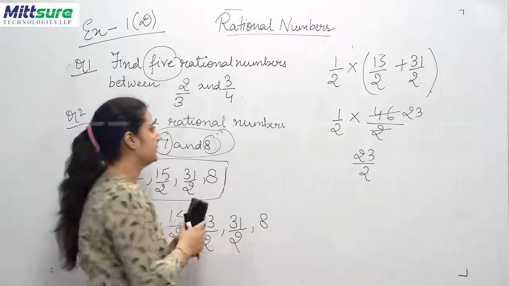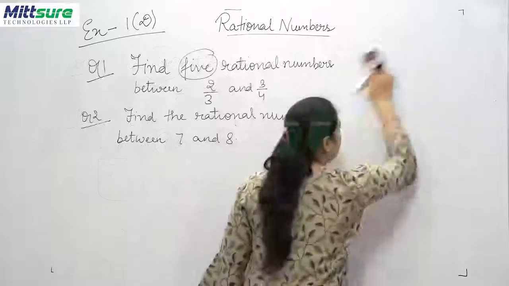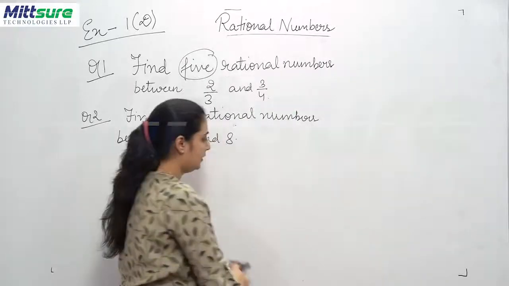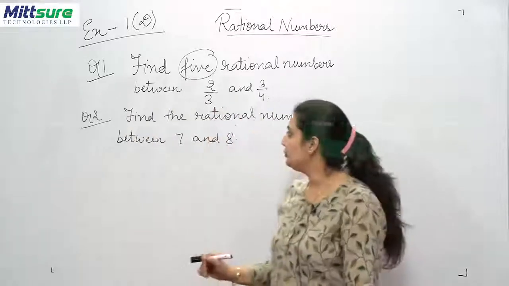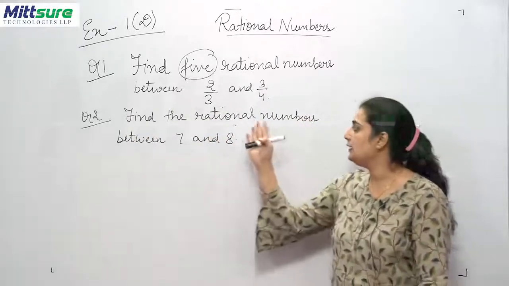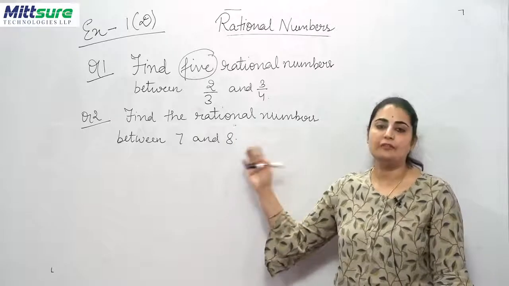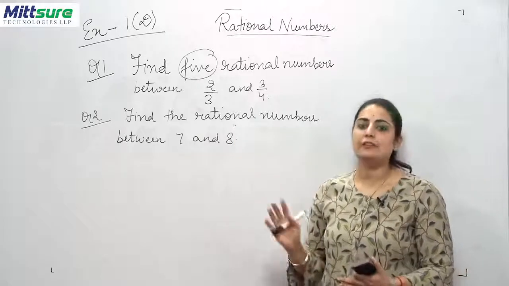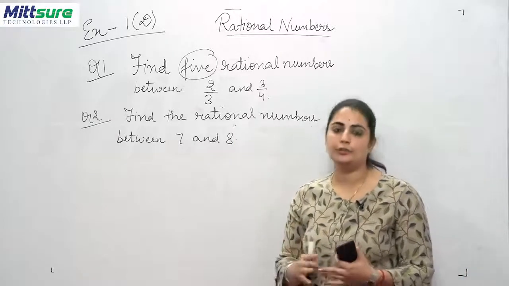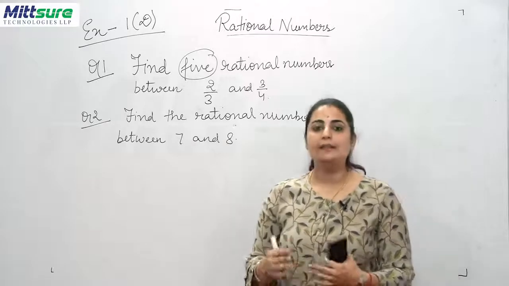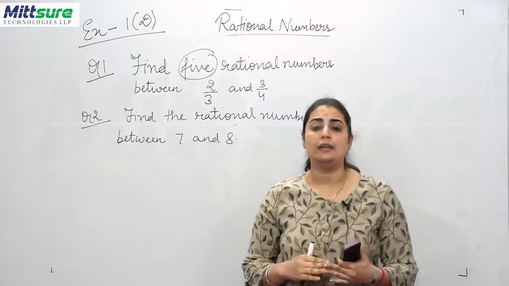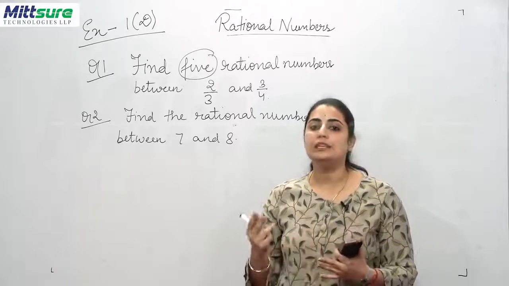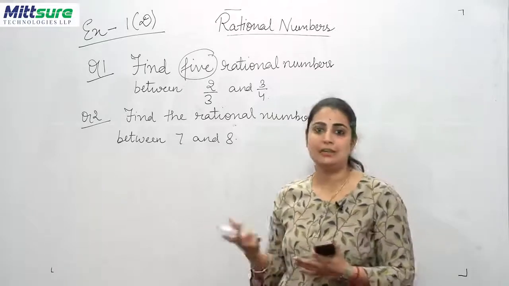Now let's take the next question. In this question, what are we supposed to do? We have to find the rational numbers between 7 and 8. When you see 7 and 8, they are again two consecutive rational numbers, and after looking at them, we always have this question in mind: how can we find the rational numbers between 7 and 8?